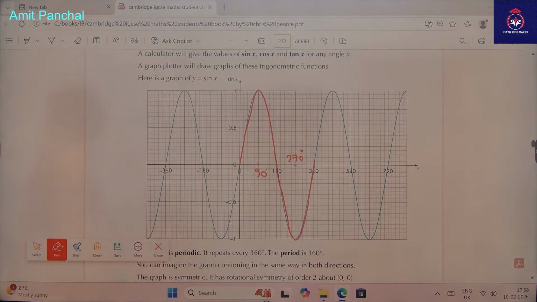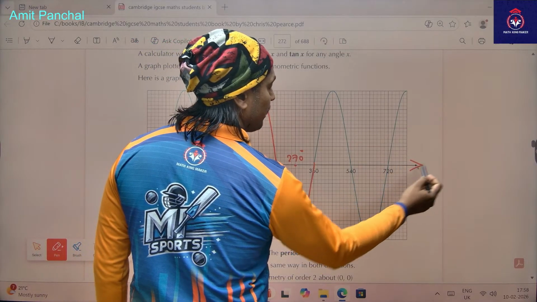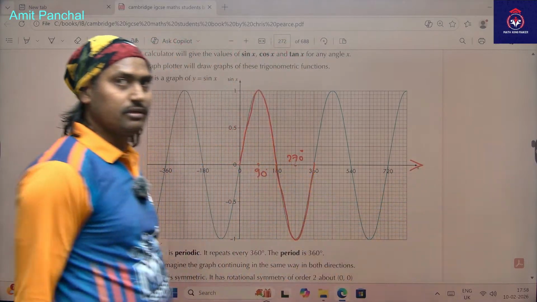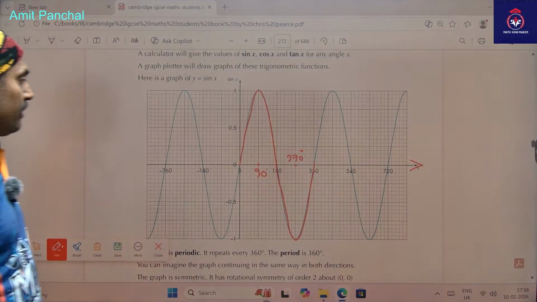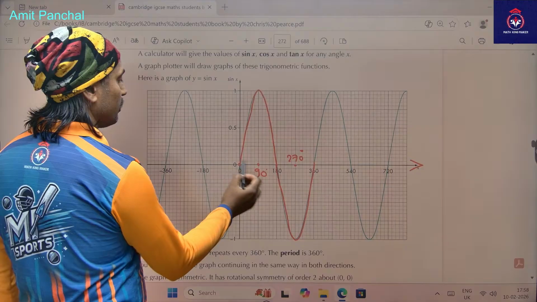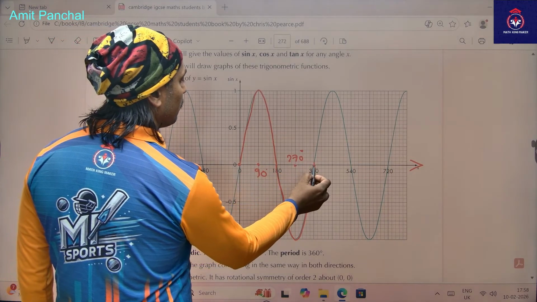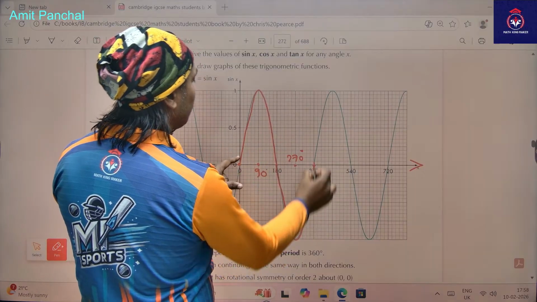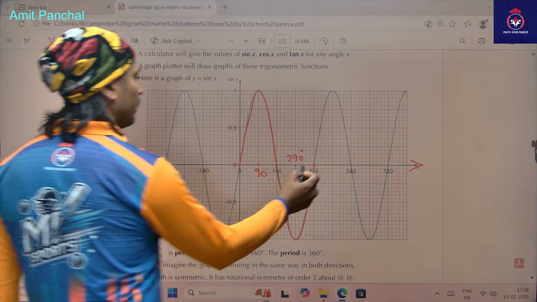Yes, we'll see what kind of questions come, have patience. The x-axis is representing the angle theta. So this is 0 degrees, 90, 180, 270, 360 degrees. It completes its cycle in 360 degrees, and then starts again from 360.